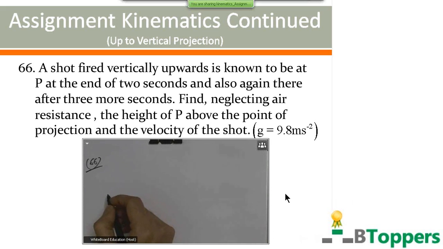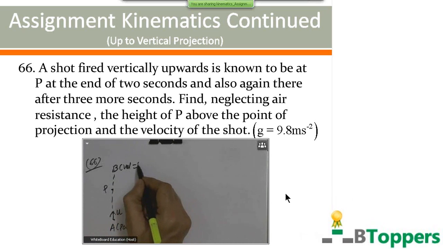Let A be the point of projection, from where it is projected vertically upwards with some initial velocity u. Let B be the highest point at which velocity becomes 0.